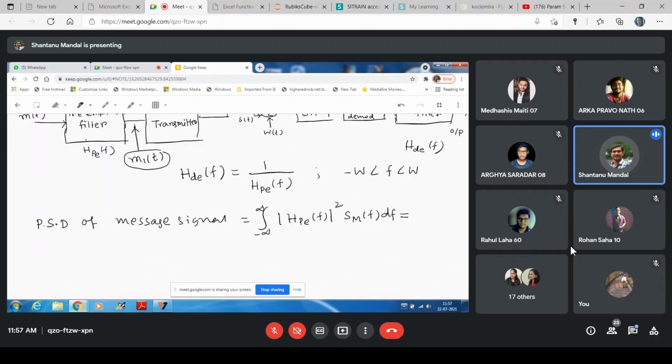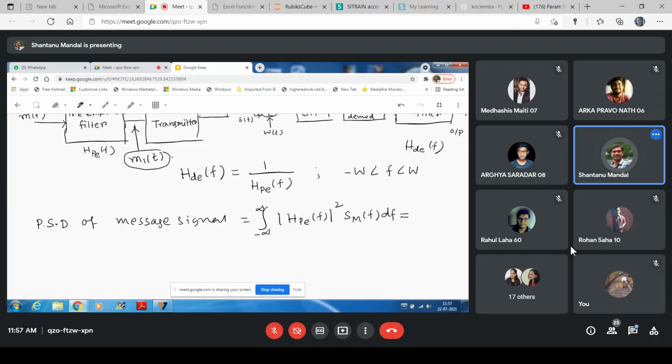The pre-emphasis filter is designed in such a way that the average power of the pre-emphasized message signal is the same as the average power of the original signal.